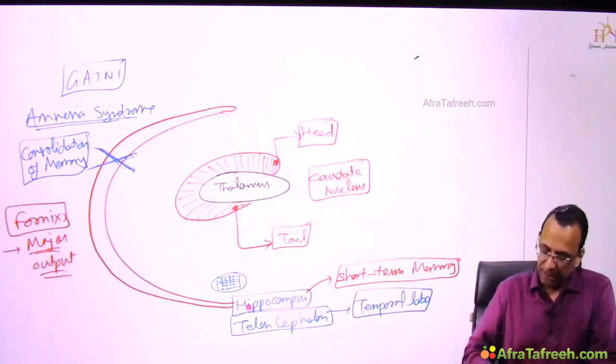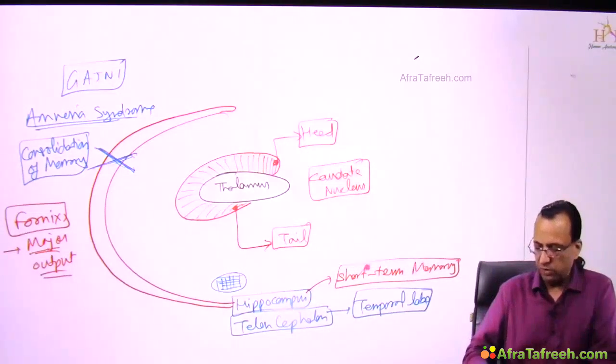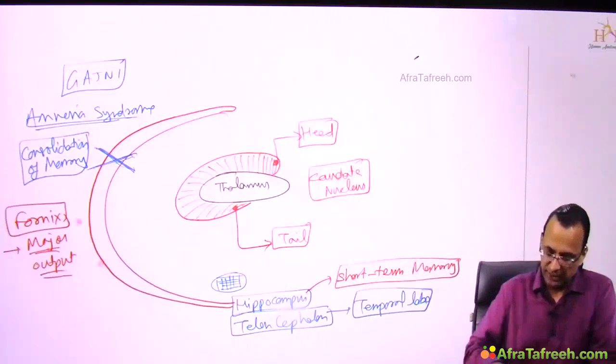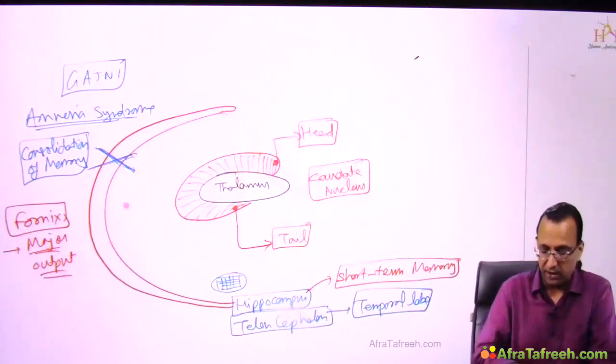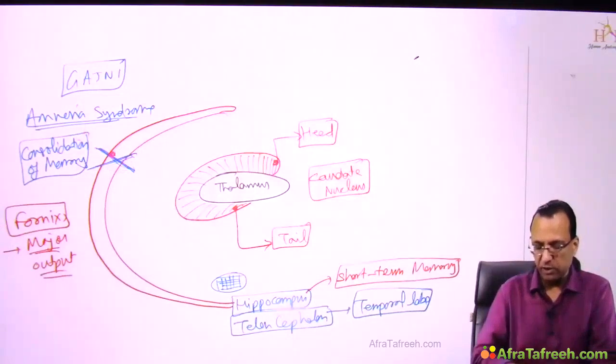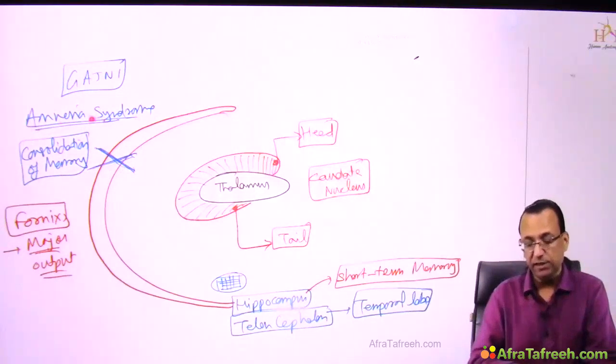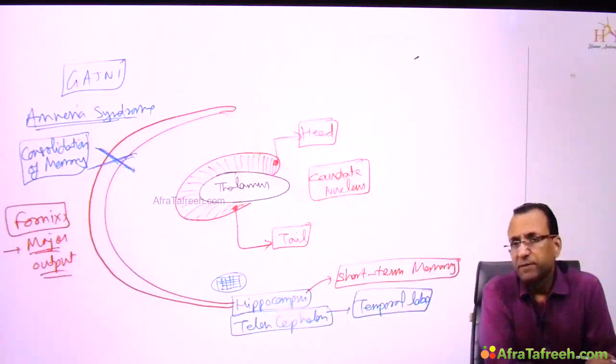So hippocampus, short-term memory: if it wants to consolidate memory, it should send the information via fornix, which is the major output tract, and if it is damaged, then consolidation of memory is compromised. There can be amnesia syndrome. By the way, where is this fornix C-shaped structure carrying the information towards?